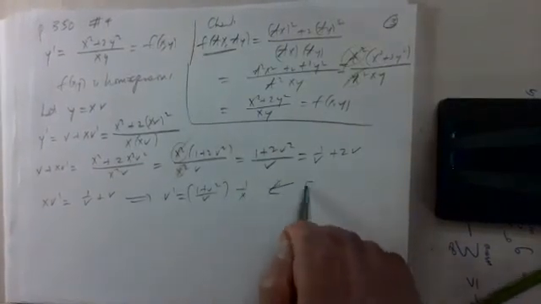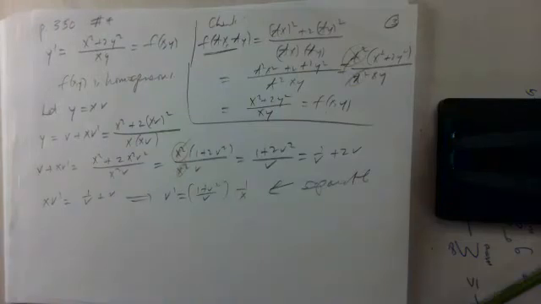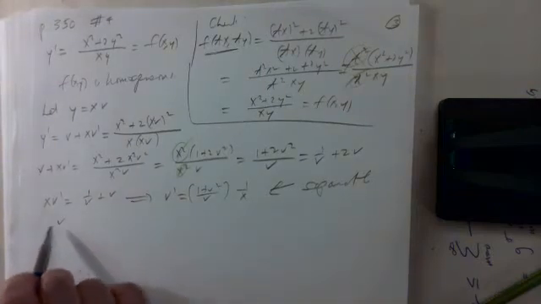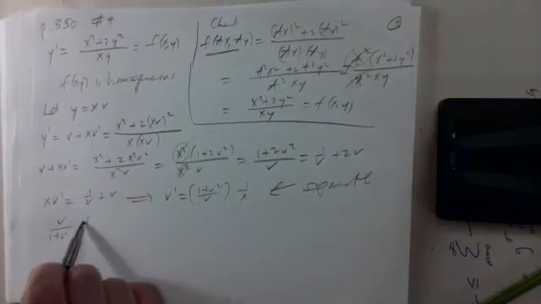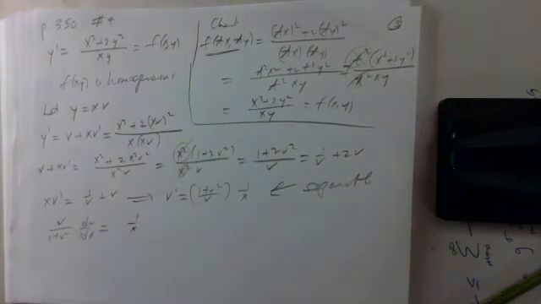And now this equation is separable. So I started with this homogeneous equation. I used a technique for dealing with homogeneous equations, and it gave me a separable equation. Another way to write this is that v over 1 plus v squared dv/dx equals 1 over x.